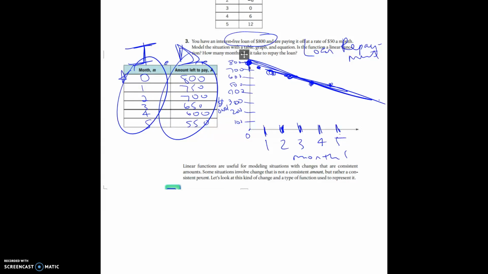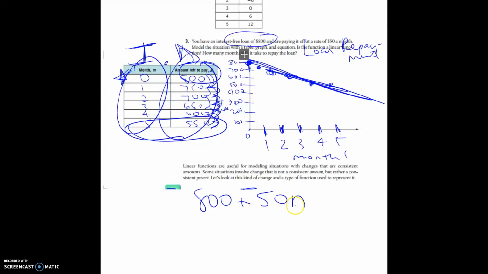Now, what about the formula? Well, real life starts at 0, which is great. What is my starting amount? 800. And then what am I doing all the time? I am subtracting 50 over and over. Or you could put add negative 50. That's up to you. And then it's repeat adding, which means it's multiplication, because I'm doing negative 50 1, 2, 3, 4, 5 times to get that answer.